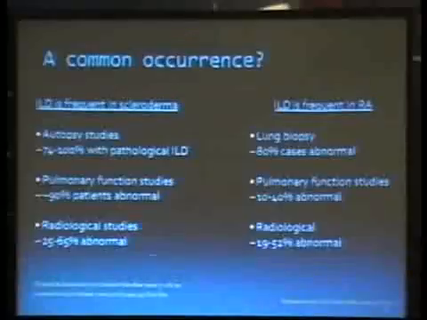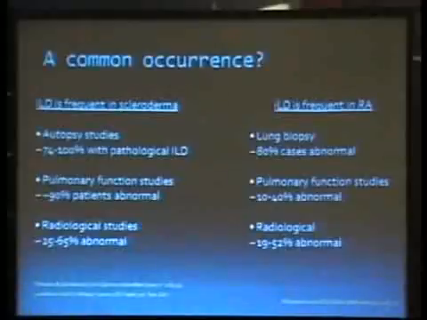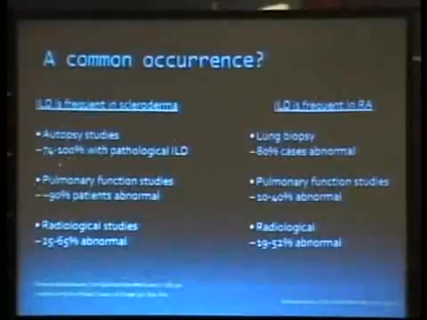This is data from 3 separate studies that looked at the prevalence of interstitial lung disease in scleroderma and in rheumatoid arthritis. In people who had autopsy studies available, they found that 70 to 100% did have pathological evidence of interstitial lung disease. In people who had pulmonary function studies available, they found that almost 90% of people with scleroderma will have some abnormality.